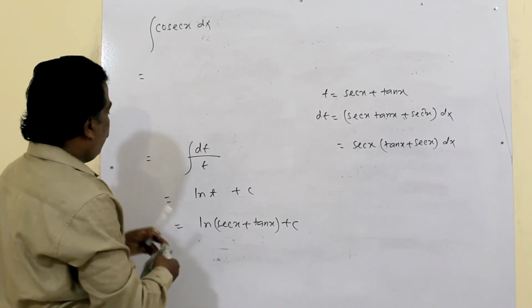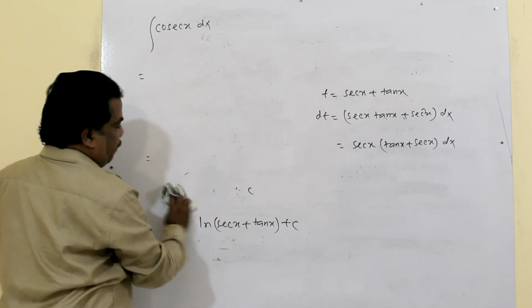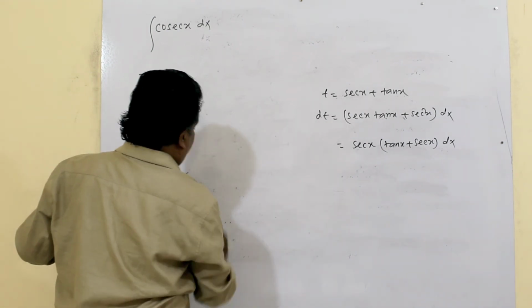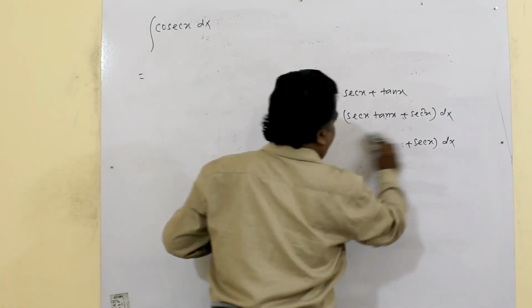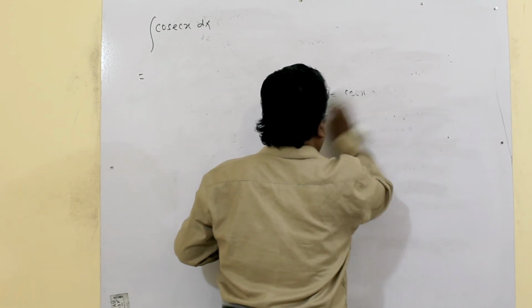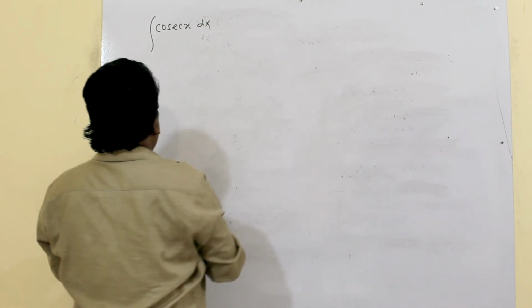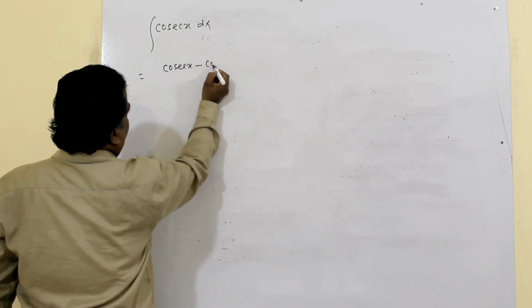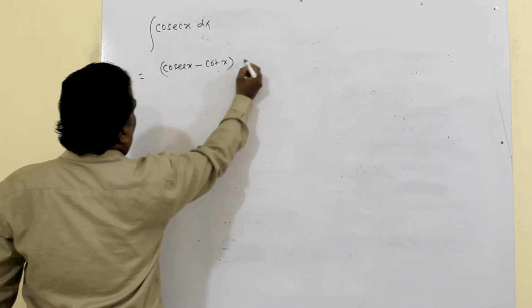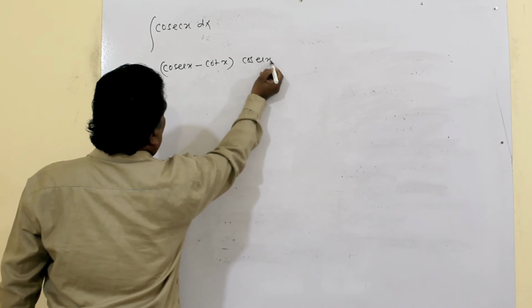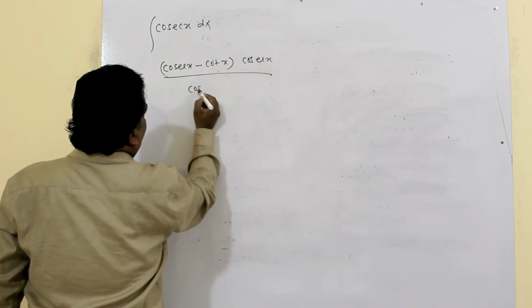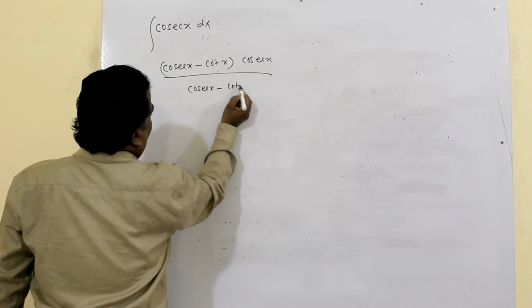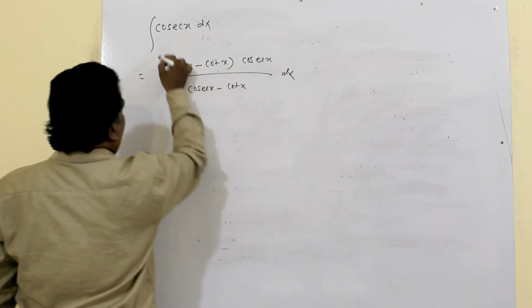Hence we multiply by (cosec x − cot x) and divide by (cosec x − cot x).